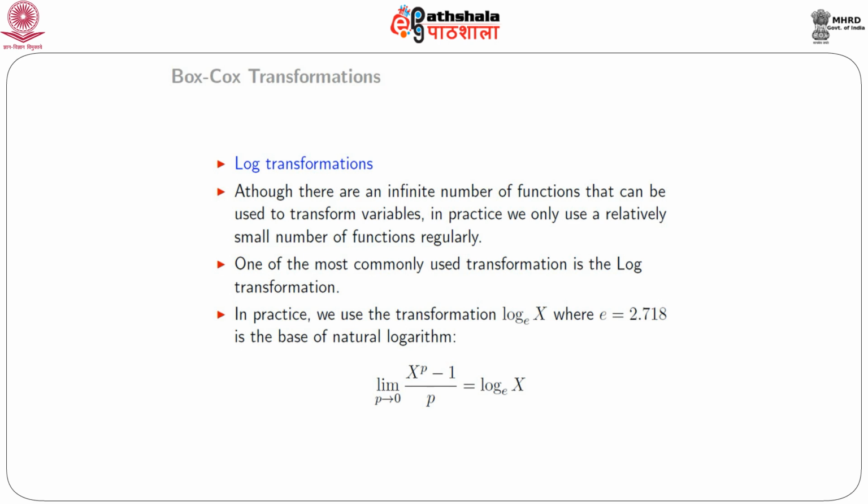In practice, we use the transformation log x with base e, where e equals 2.718, which is the base of the natural logarithm, and it says the limit as p goes to 0 of (x to the power p minus 1) divided by p equals log base e of x.